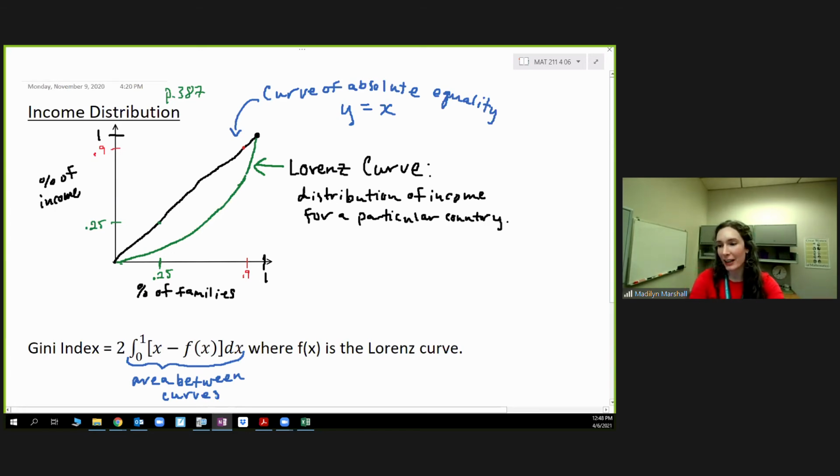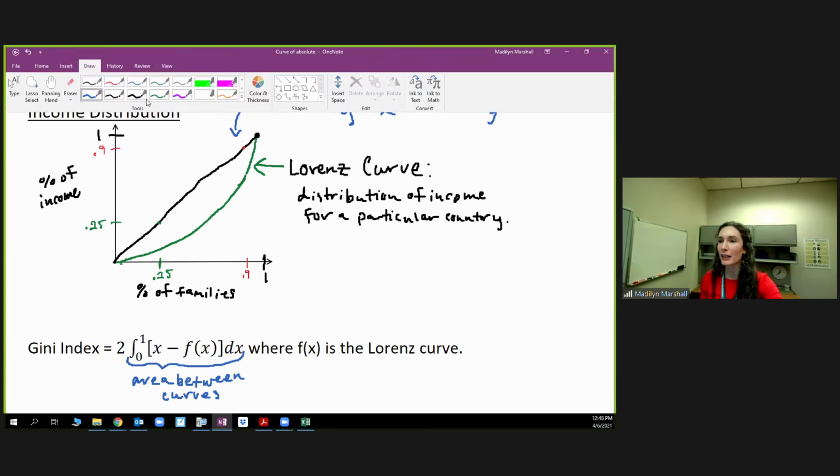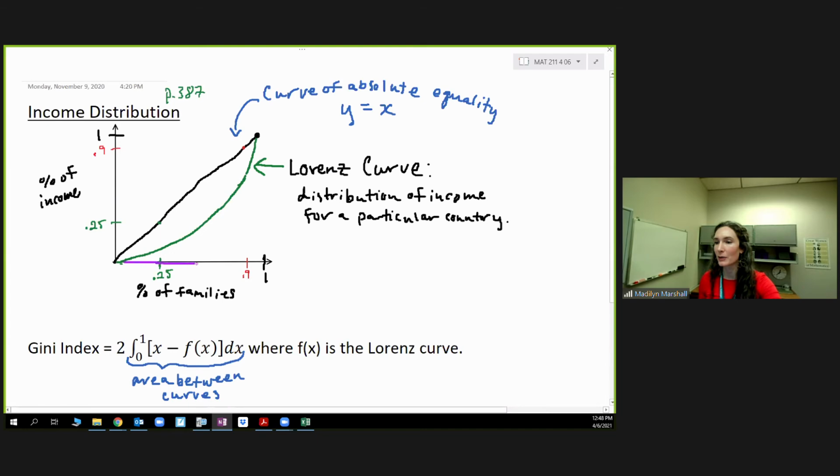The biggest possible area is if we have the curve of absolute inequality, where we basically have a triangle here. That would be the very biggest area, but that would be an area of 1/2. So all the 2 is doing is making it so that our range for the Gini index is 0 to 1, rather than being 0 to 1/2. That's just there to make a nicer scale.